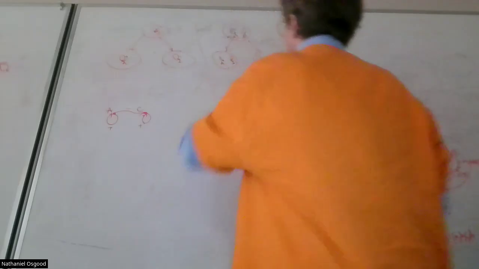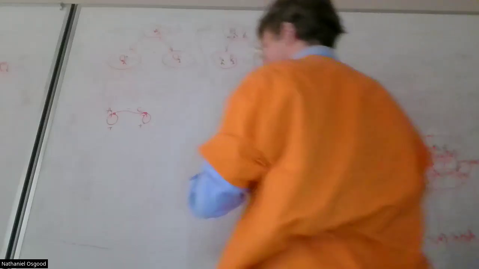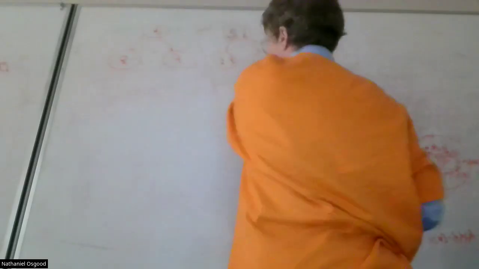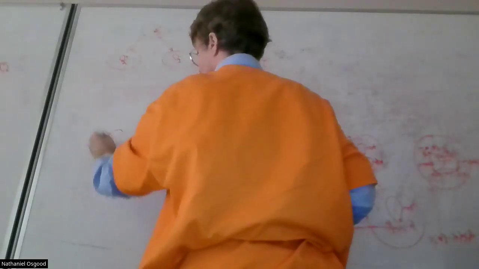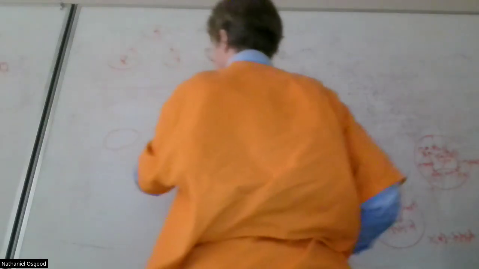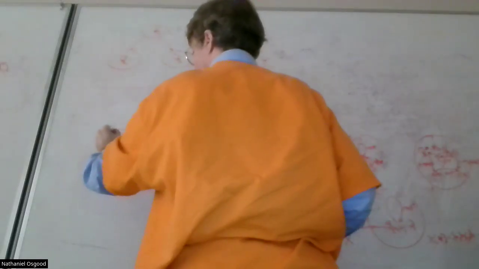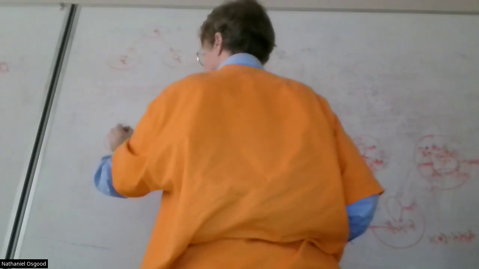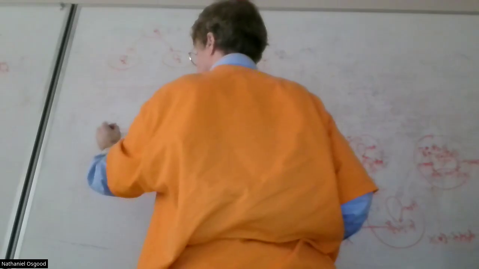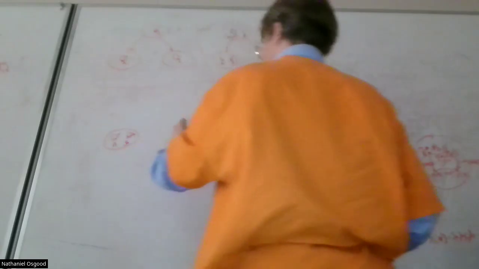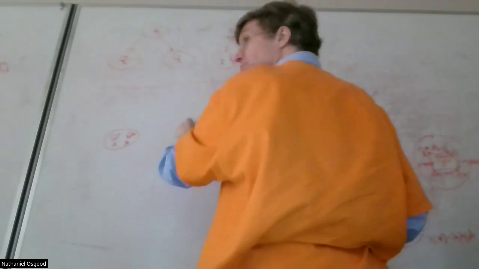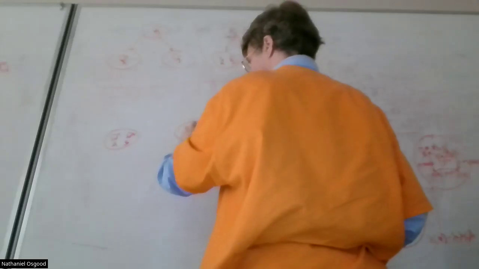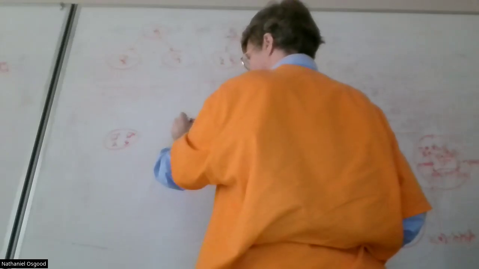Okay, so we're on a roll. Now let's consider, I'm just building up complexity here, one where we have A and B, the plus, and then we have 1 and 2. We have plus.